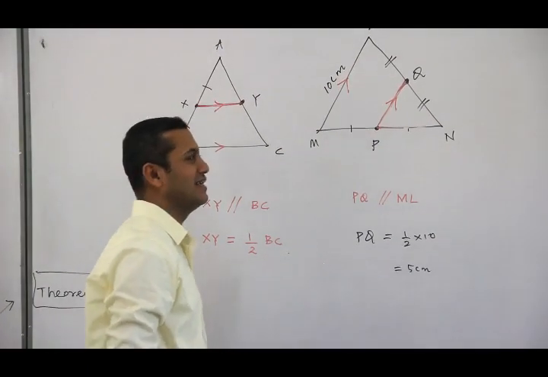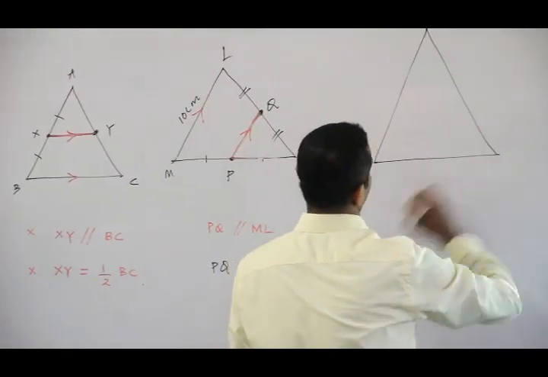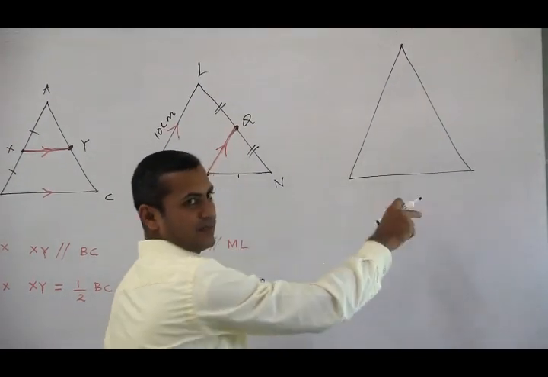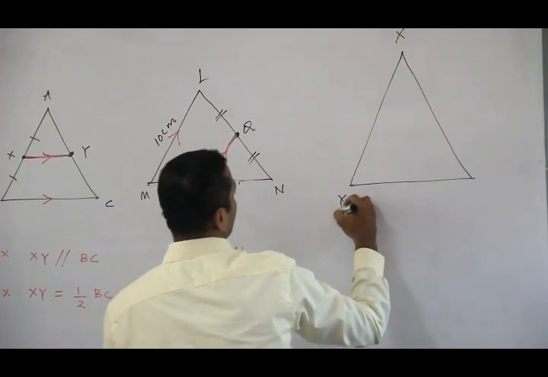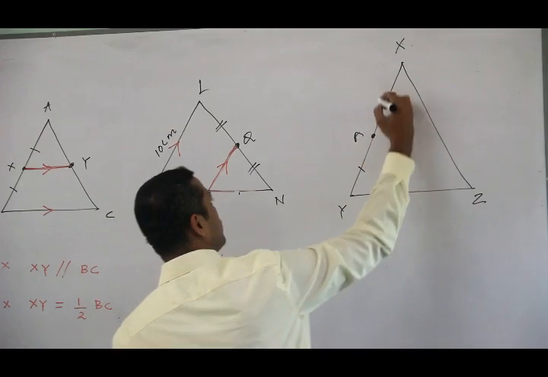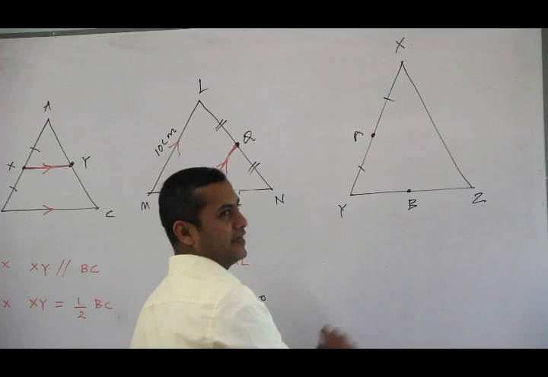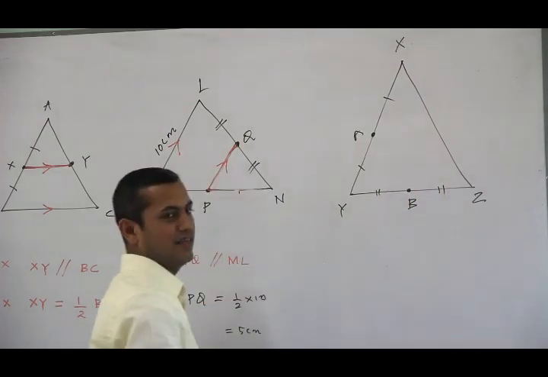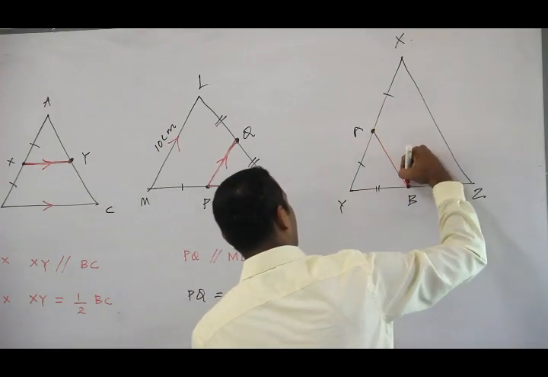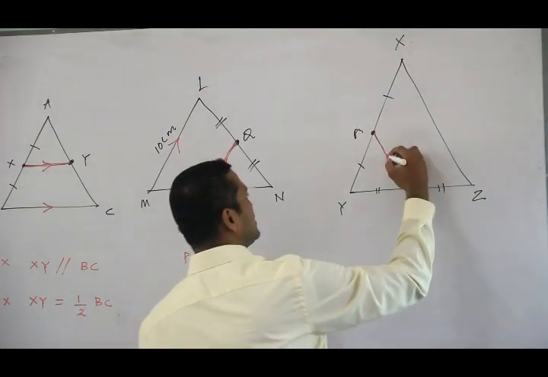It's very simple, right? Consider this diagram. Now I'm going to join the midpoints of these two sides. Let this be X, Y, Z, and the midpoint of this be A. Then this is equal to this, and the midpoint of this be B. Then this is equal to this. Join AB. Then what does the theorem say?